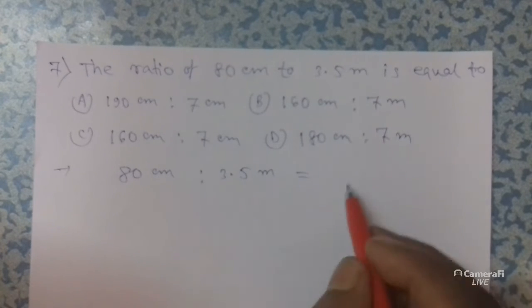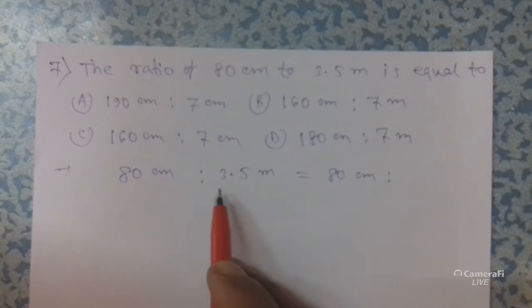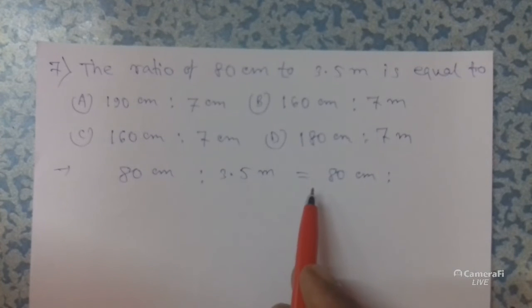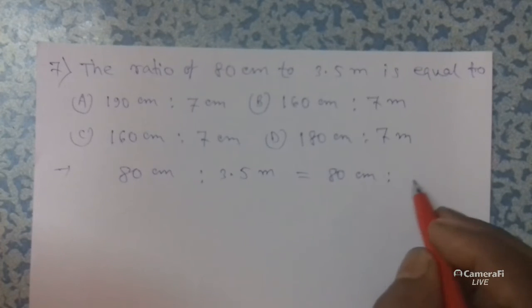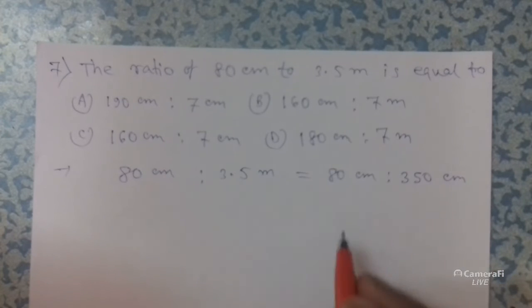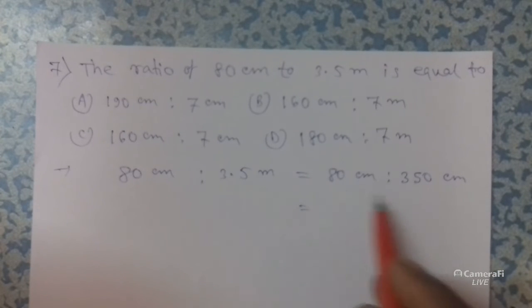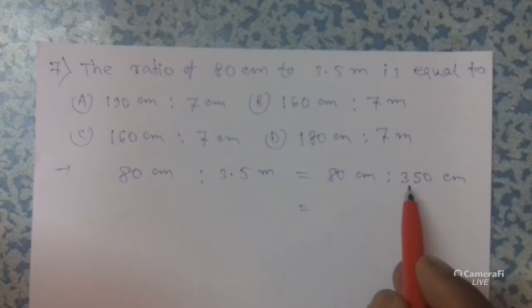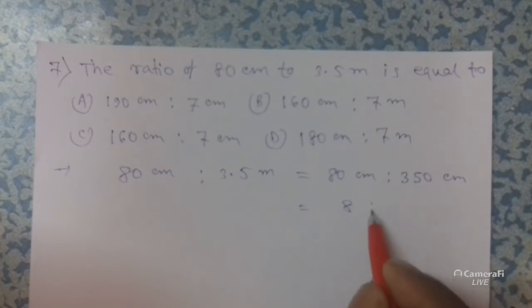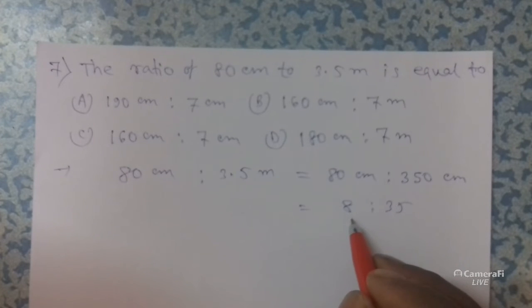If you convert 3.5 meter into centimeter, it will be multiplied by 100, so it will be 350 centimeter. If you calculate it, it will be 8 is to 35.